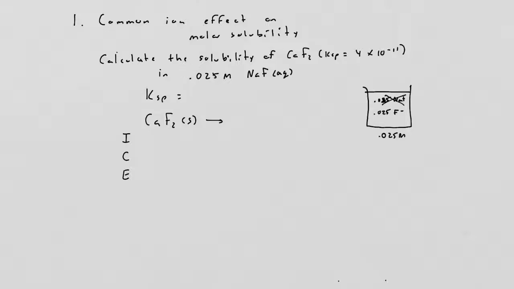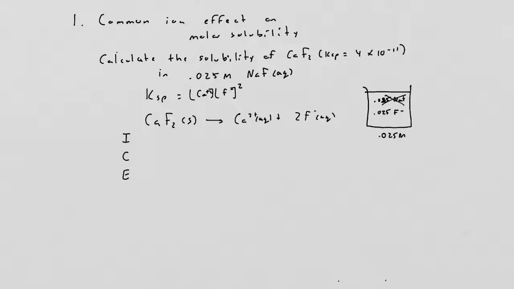What's really important here is the calcium fluoride equation, because that's the one that we have the KSP for. So the equation will be Ca2+(aq) + 2F-(aq), and the KSP value will just be the calcium concentration times the fluoride concentration to the second power.